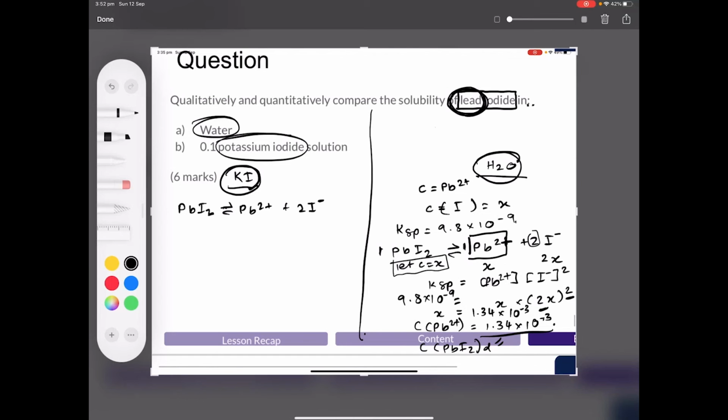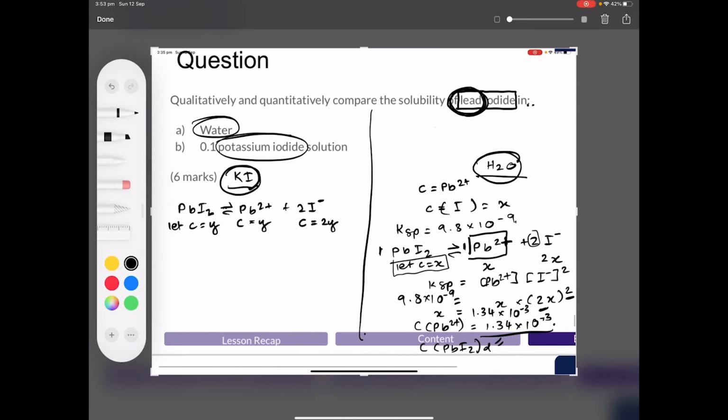We're going to do the same thing. We let the concentration of PbI2 that dissolved now equal y, because we're trying to show that y is a little less than x. Everyone agree? The concentration of lead ions is also equal to y. These are all equilibrium concentrations. The concentration of iodide ions is now 2y.